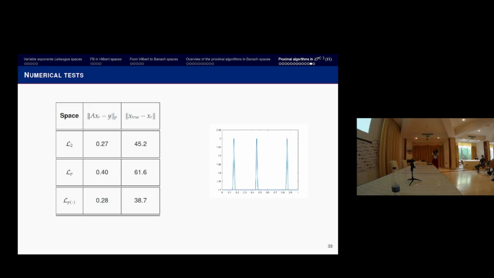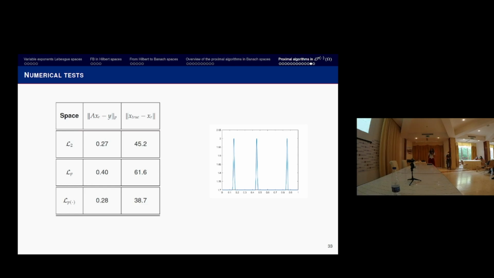And here I have some numbers that are the errors computed on x and computed on y. So if we only look at the integrals, we have that basically the L2 and LP variable cases are very similar.